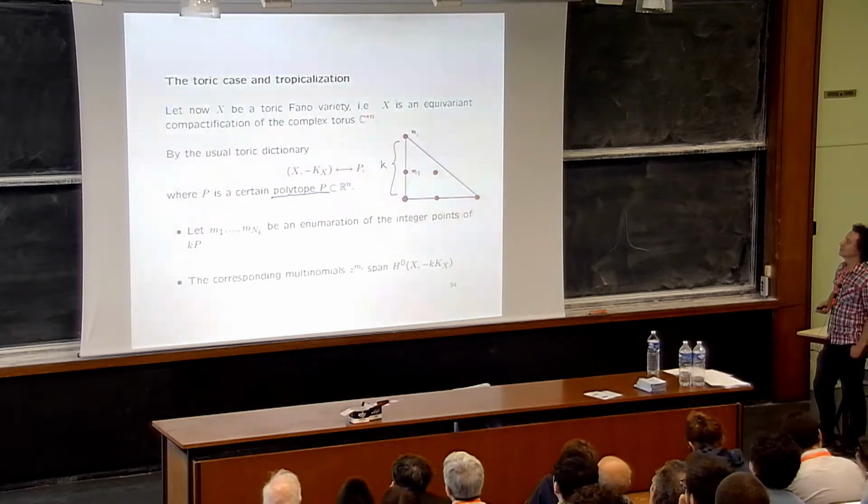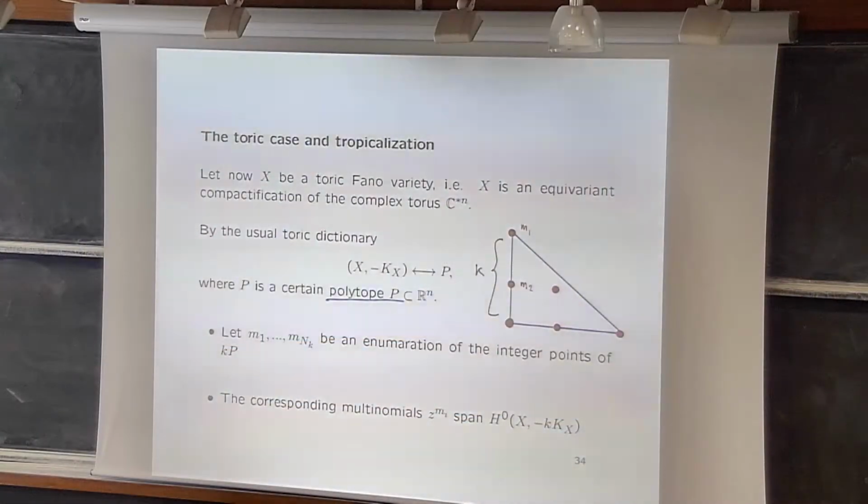So now I'm looking at the case where x is a toric Fano variety. So it's just an equivariant compactification of a complex torus, C star n. And then by the usual toric dictionary, I can associate to x just a special type of polytope, which I have drawn here.